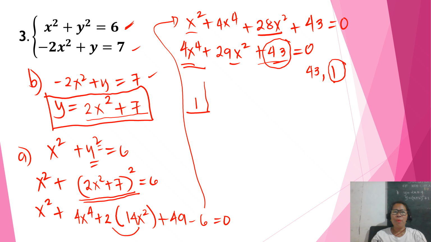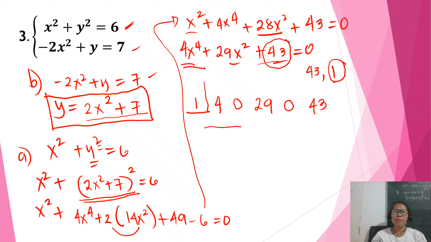So x to the 4 has a 4, but there's no x cubed, so we have to have a 0 representing the x cubed part, followed by x squared, so there is a 29. And there's no x to the power of 1, so we have to have a 0, and then the constant, which is 43.